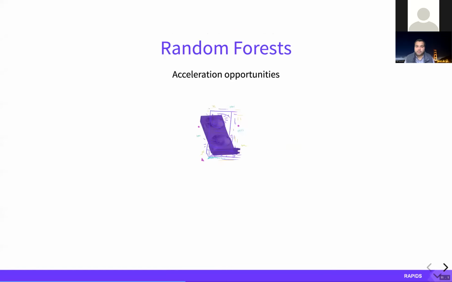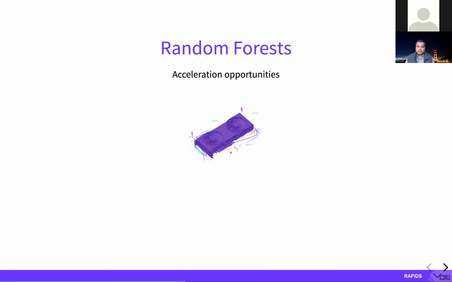Now, so far we have gone through random forests, how it's trained, and the intuition behind it. But what were the acceleration opportunities in there? Is there any way that GPUs, which are so great at graphics and parallelizing stuff, can leverage that parallelism on random forest?